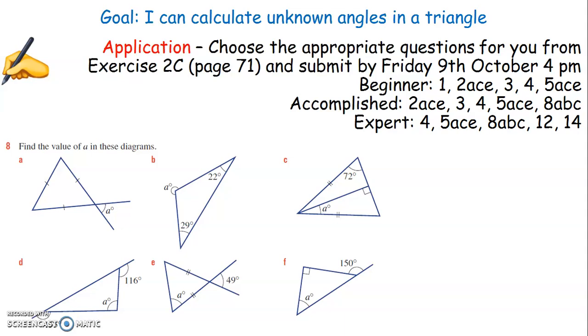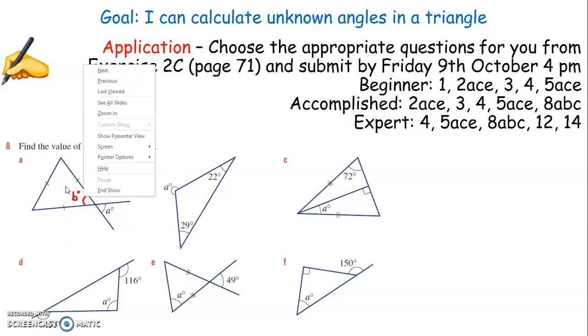For example, to work out this angle here, we see that we've got two lines crossing each other. So this angle here would be equal to this angle here. Let me call that B. Actually, I'll just call it A because they're equal to each other.